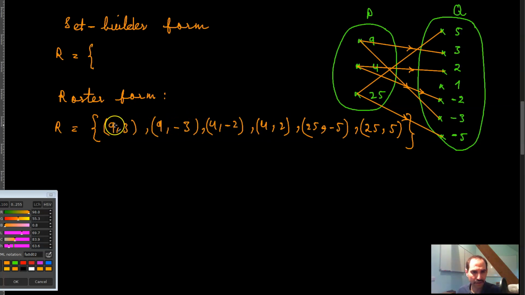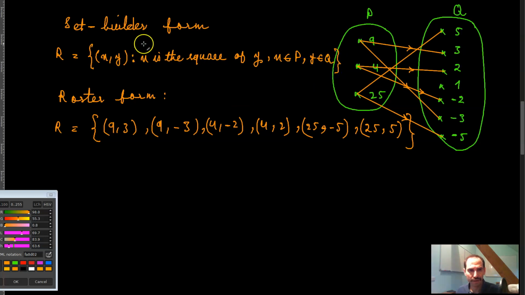So you can say that X is always the square of Y. So in set builder form, I can write all the ordered pairs (X, Y) such that X is the square of Y, and X belongs to the set P, and Y belongs to the set Q. That is in set builder form, and that was in roster form.